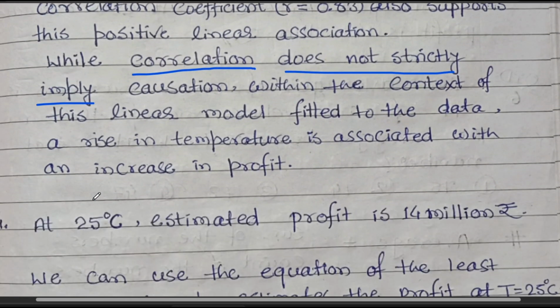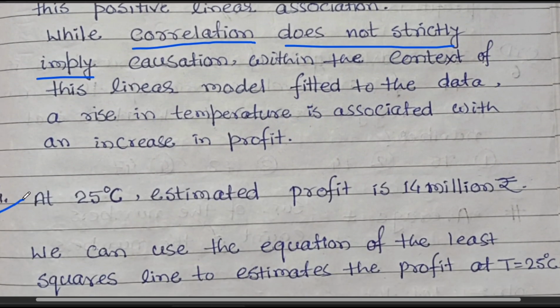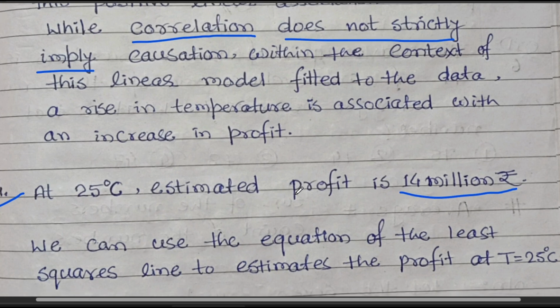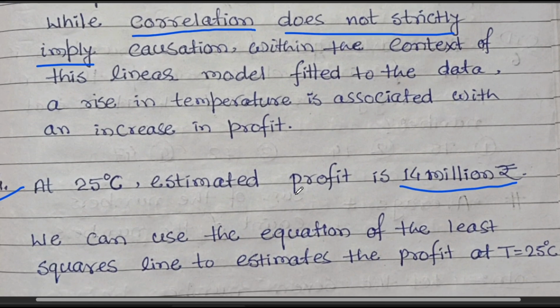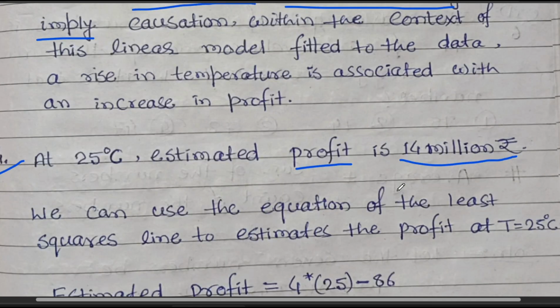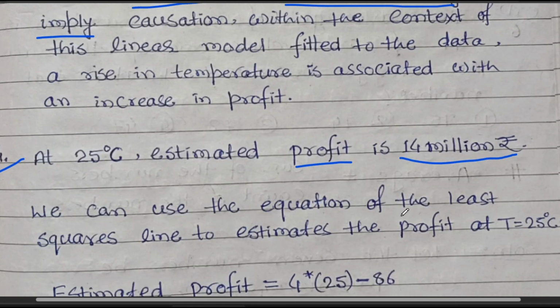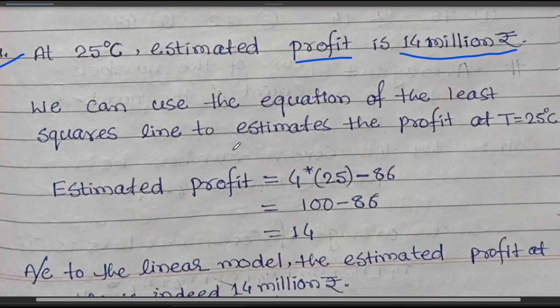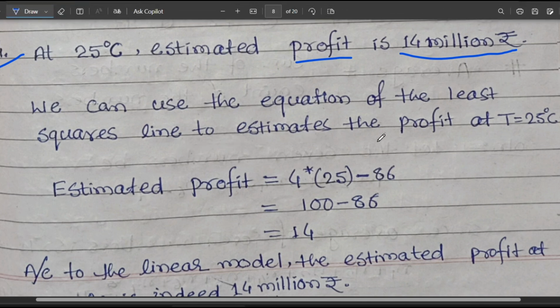Next, the fourth option: at 25 degrees Celsius, the estimated profit is 14 million rupees. When the temperature is 25 degrees Celsius, how much estimated profit will they get? Let's verify this. We can use the equation of the least squares line to estimate the profit at T equal to 25 degrees Celsius.